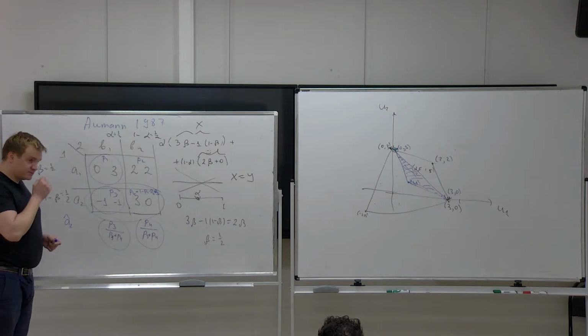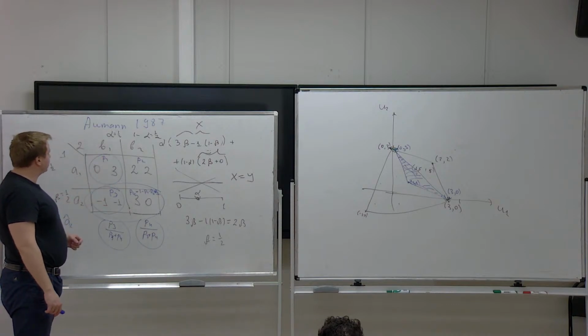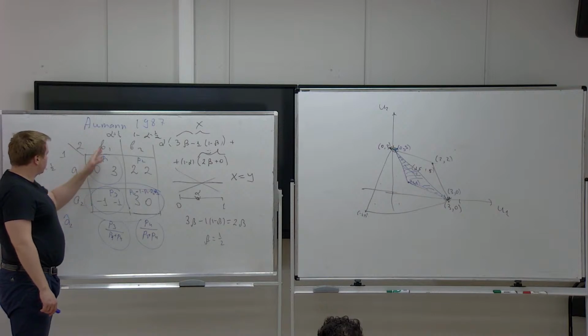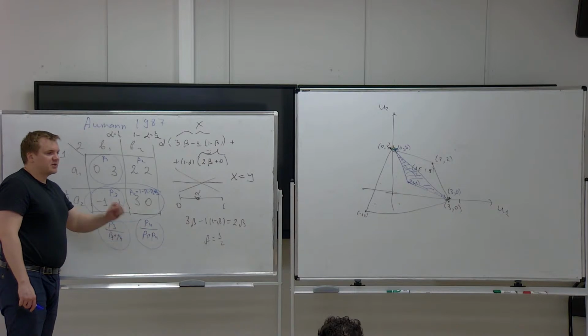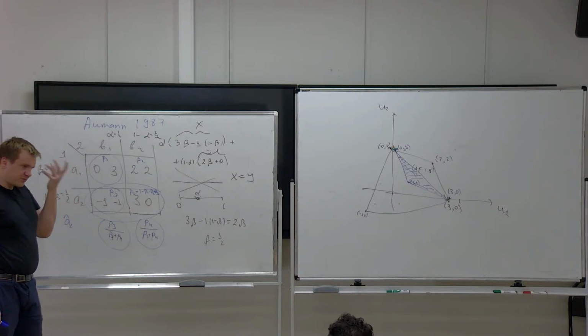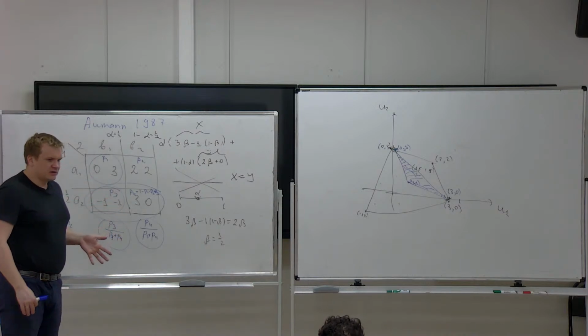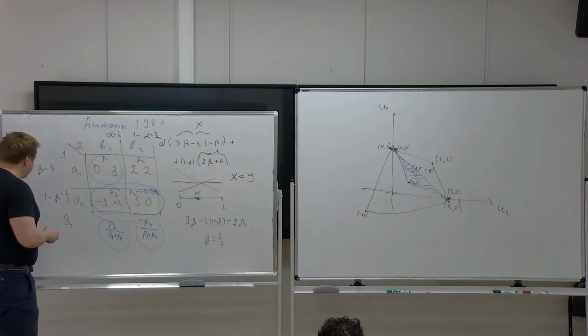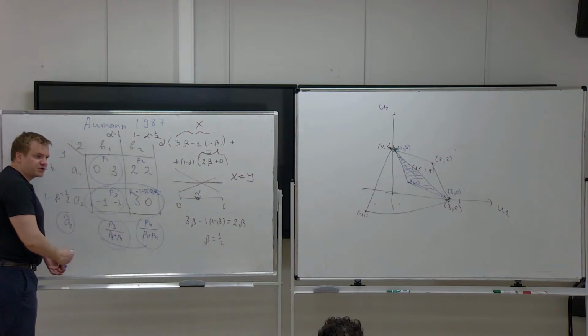Player 1 wouldn't think that player 2 will surely play B1; with this probability player 2 will play B1, and with this probability he will play B2. This is the belief. But in order for my construction to work, it must be that when player 1 hears this recommendation and forms such belief, player 1 should be willing to follow the recommendation.